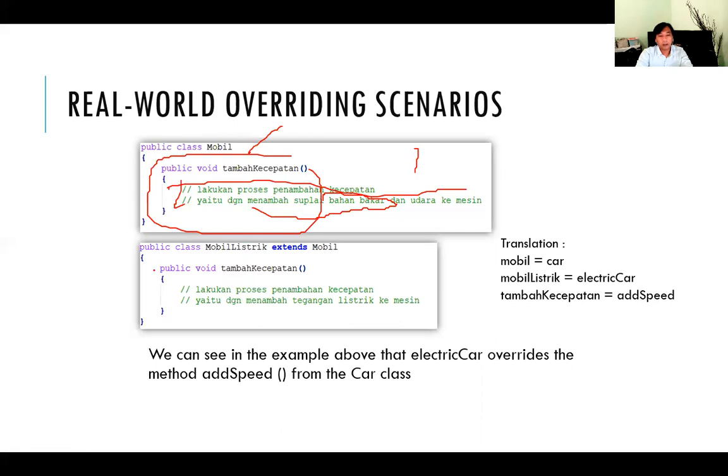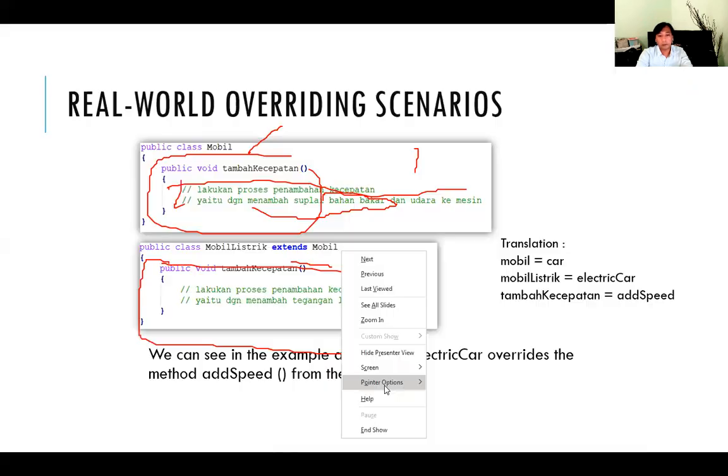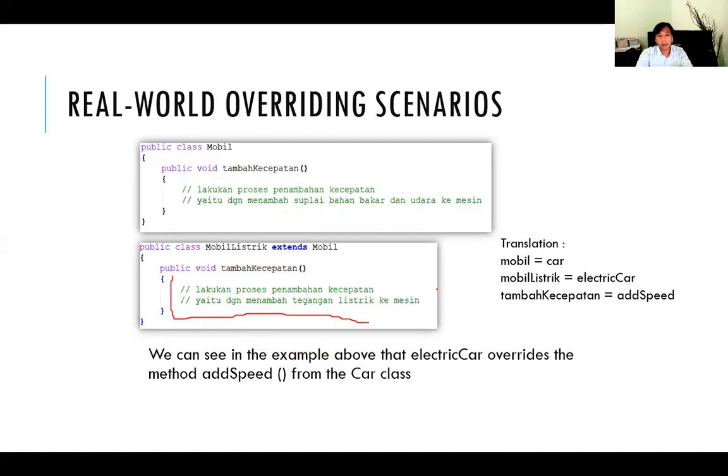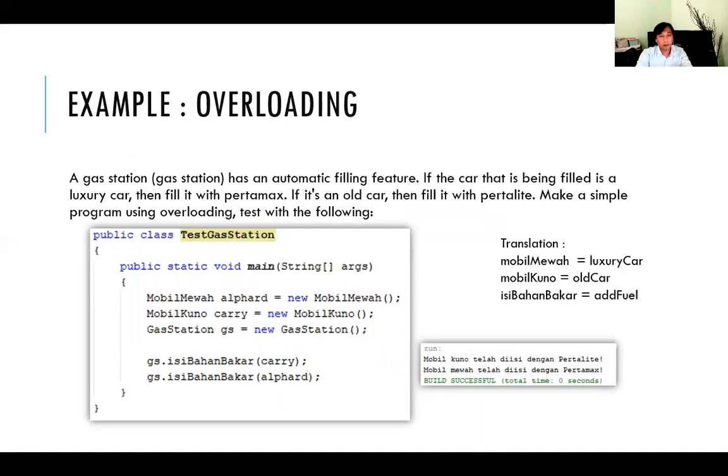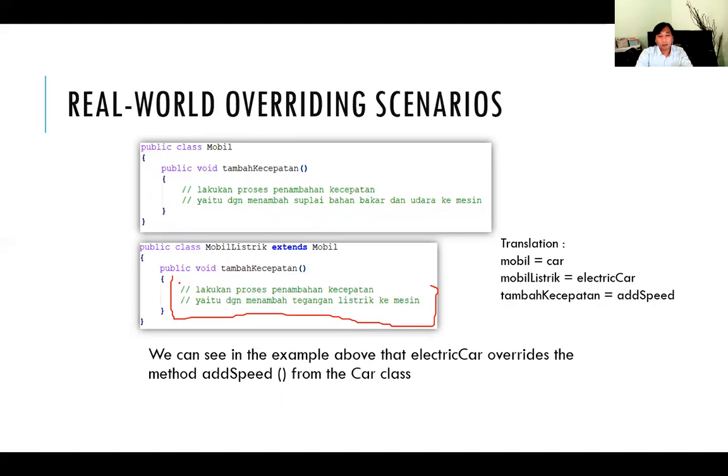And then we have an electric car which extends from a conventional car. And we also create a method that has the same name as the parent, but we are changing the process inside it, where unlike the common car, it's not adding fuel, but we are increasing the electricity voltage into the engine.